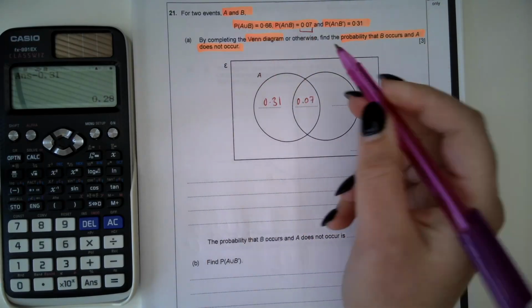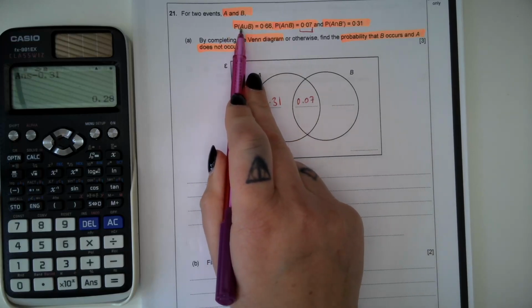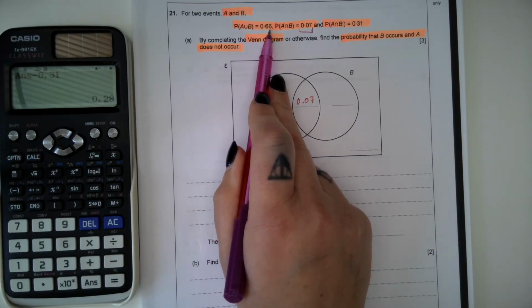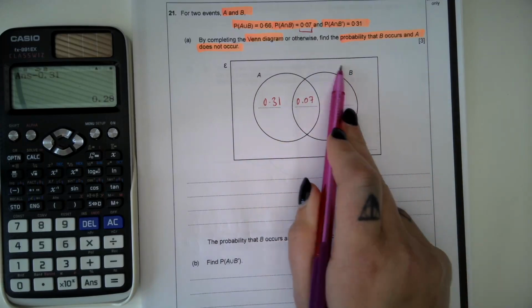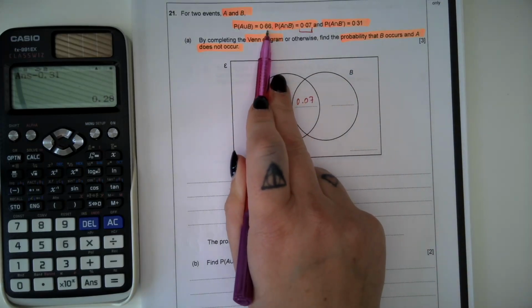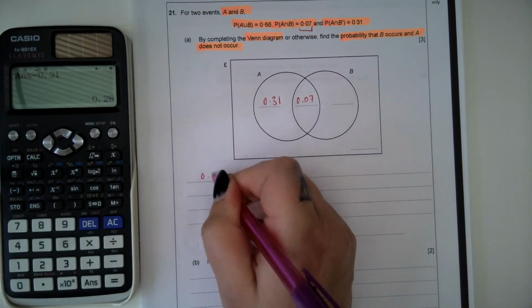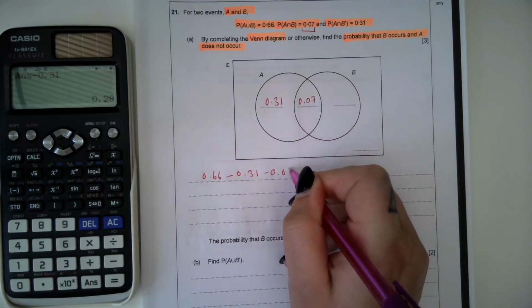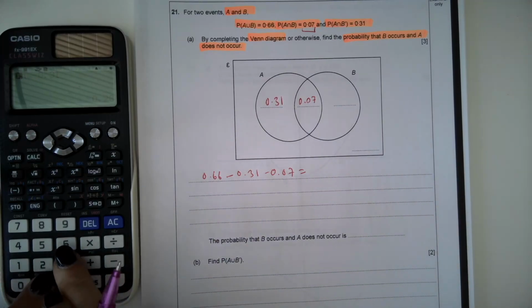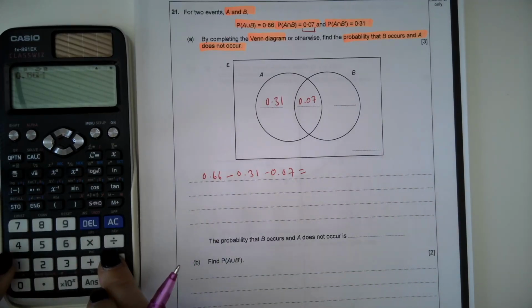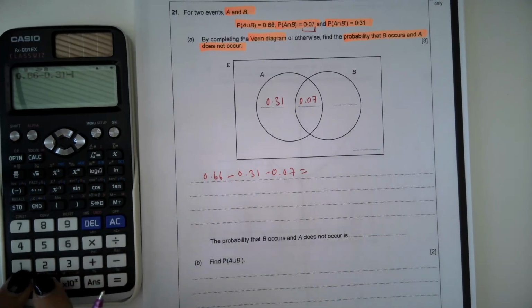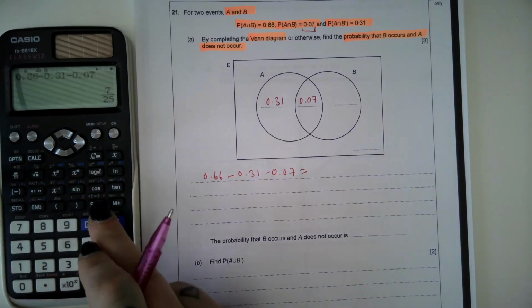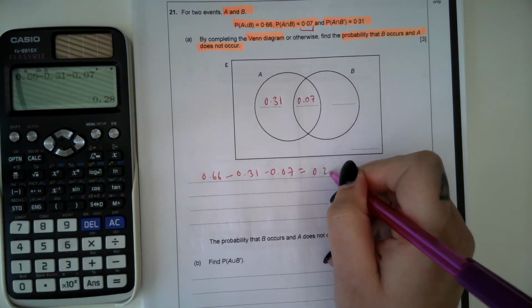Now we're going to go back to this probability here. So the probability of A union B is 0.66. The probability that's within these circles is 0.66. So I'm going to do 0.66 subtract 0.31 subtract 0.07. That is equal to 0.28.